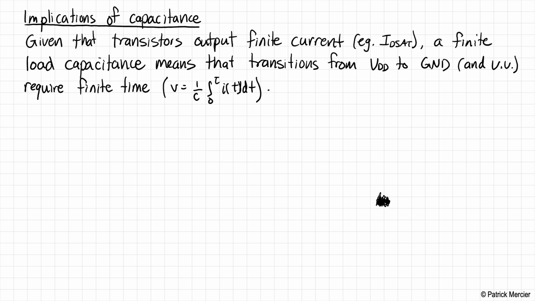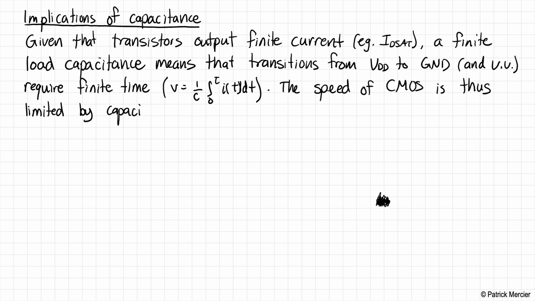Okay, so the speed of CMOS is thus limited by capacitance, and of course, charging current as well. So if we can design a better transistor with better charging current at iso-capacitance, that means for the same amount of capacitance, then we should be able to get better performance.